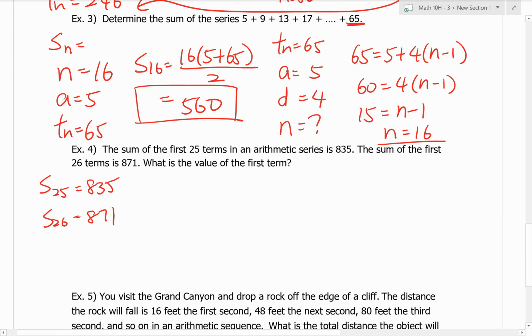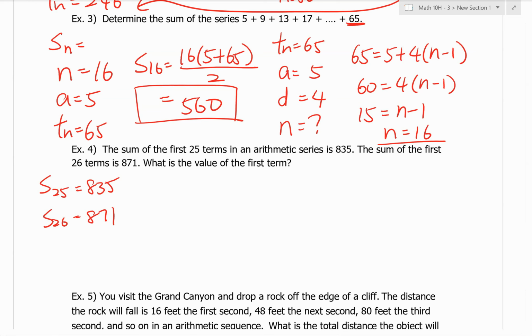That's all the information I have. So that's not very helpful. Now, what we need to think about is how we use these two pieces of information.